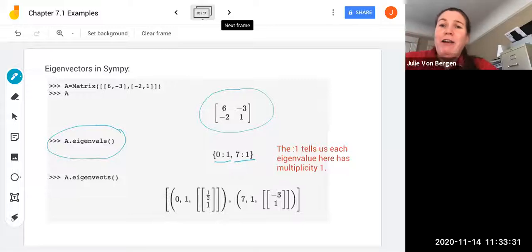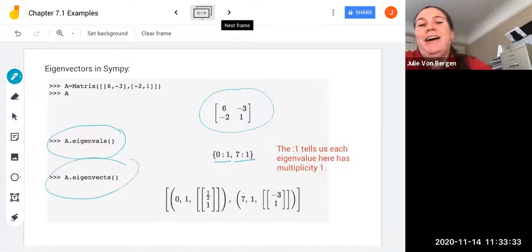And then to find the eigenvectors, for short evecs, in Sympy, we type A.eigenvects with our parentheses. The parentheses just tells it to run that function, so you can just leave it empty. Then we get here, here's a 0, here's the multiplicity 1, and then here's an eigenvector.